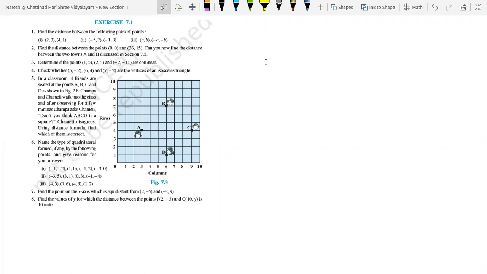Using that, do the first question. If I am applying the distance formula, the whole exercise depends upon only one formula.